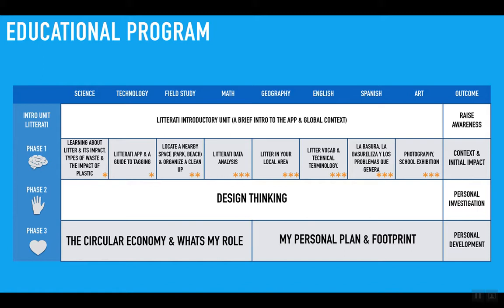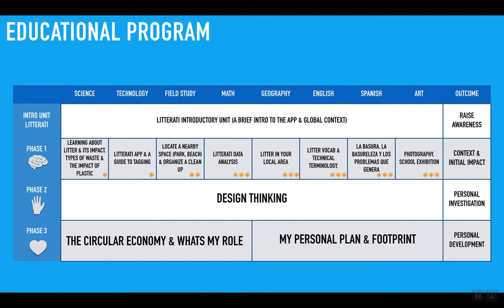If you wanted to do all of that, you could do it in a day, or a couple of hours over a couple of days. Phase 1 is where we're aligned to the different subjects, so science, technology, field study, maths, geography, English. We have a second language, Spanish, and also art.